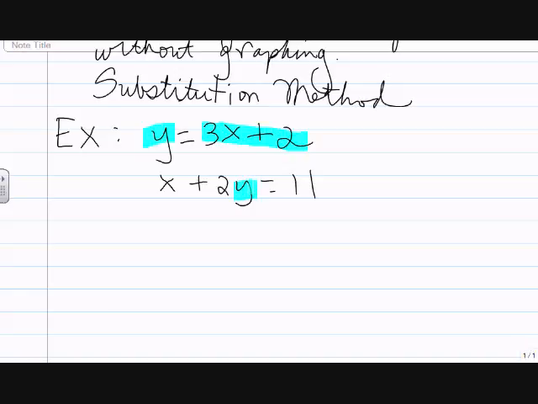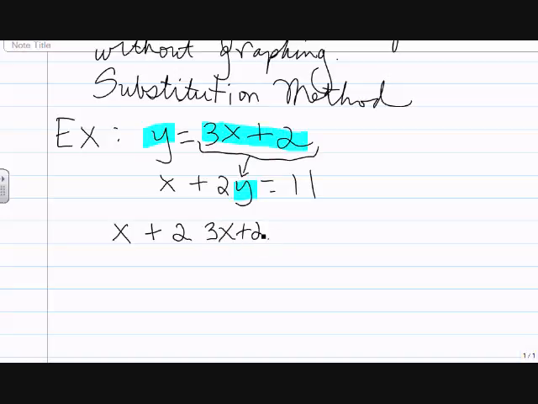Wherever I see a y now, I'm not going to write y, I'm going to write 3x plus 2. I'm going to rewrite this second equation as x plus 2, don't write the y, write the 3x plus 2.